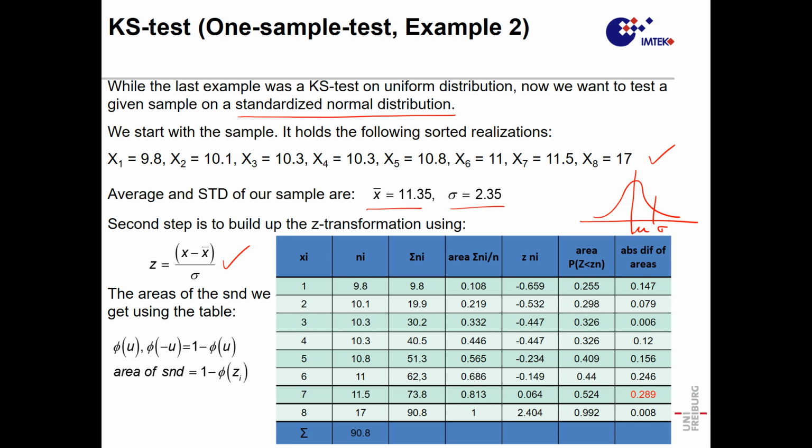So you have 8 points, right? Each point has a value, which you take from your data. And everything sums up to 90.8. Then you need to do the cumulative of this, because since you have a normal distribution, remember that the cumulative density distribution is something like this, right? And then your data will be something like this, right?